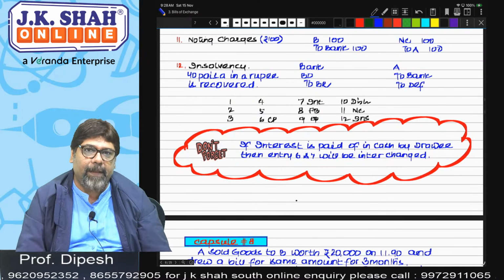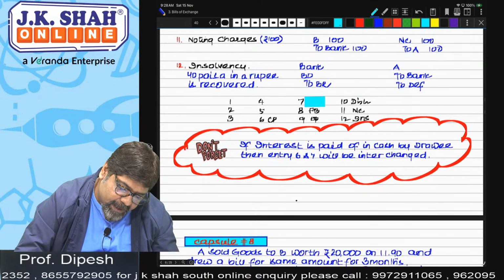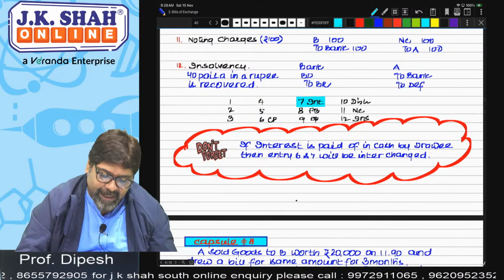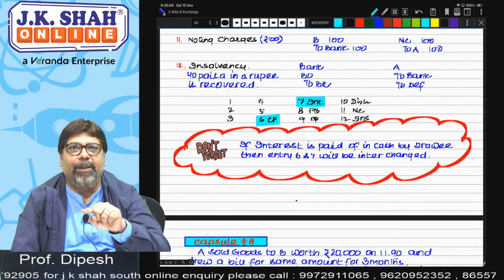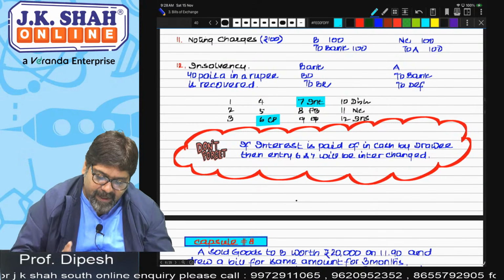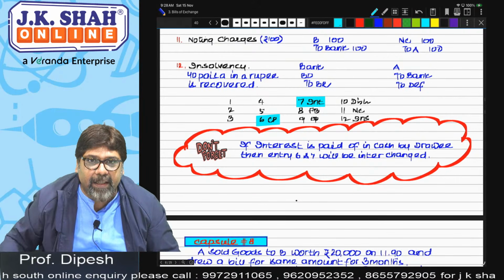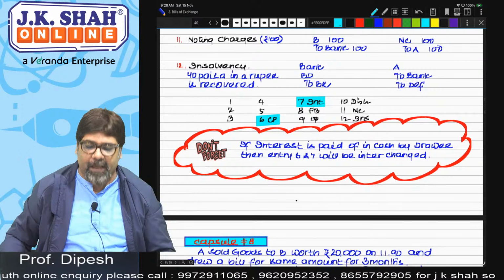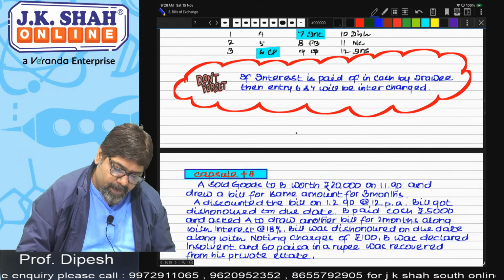Now, if in the question it is given that interest is paid off in cash, then first you pass the entry for interest accrual and then you make the cash payment. If interest is paid in cash, then entries number 6 and 7 will get interchanged. Am I clear? Yes, sir. So chartered, we meet after a break of 5 minutes.